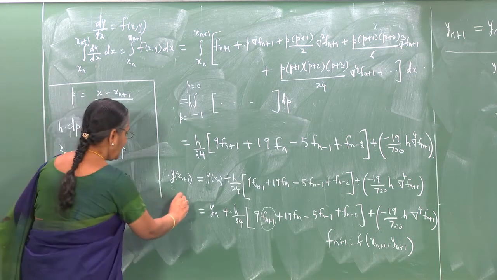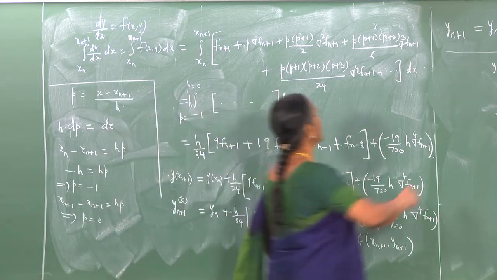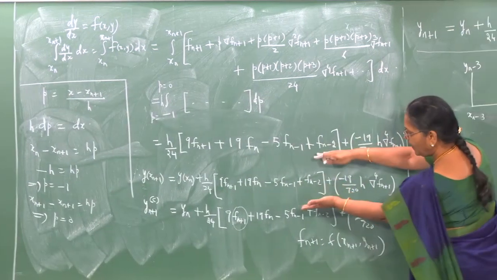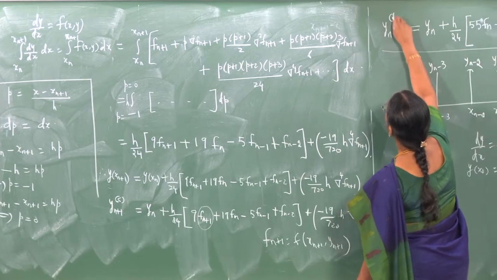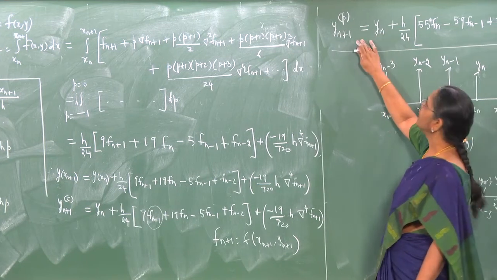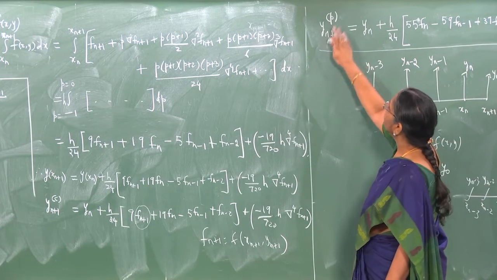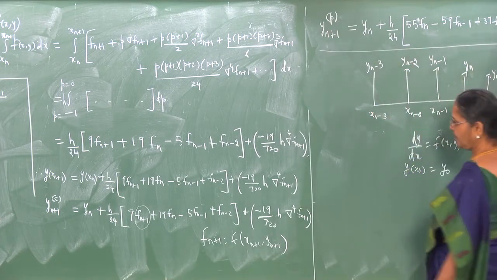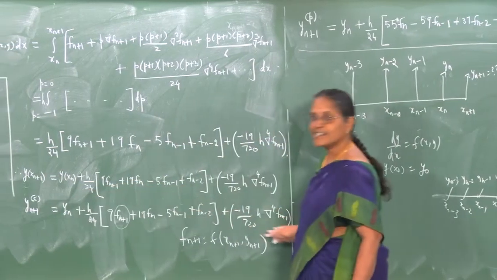So, we say that we have corrected the value of yn plus 1 by the new method that we have derived, and this was done by using the yn plus 1 obtained by the earlier method as a predicted value. So, I call this a predictor and the method that we have obtained now a corrector.